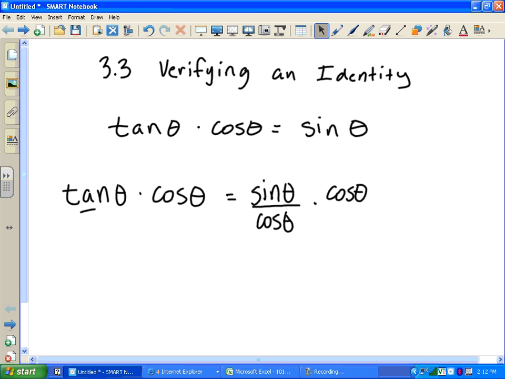When I multiply sine over cosine times cosine, the cosine thetas are going to cancel out. And so now I've verified that sure enough, that is the sine of theta. Understand when you verify an identity, you're basically doing a proof. It's like you know what the answer is, but you have to show how it's true. That's the best way I can describe that to you.